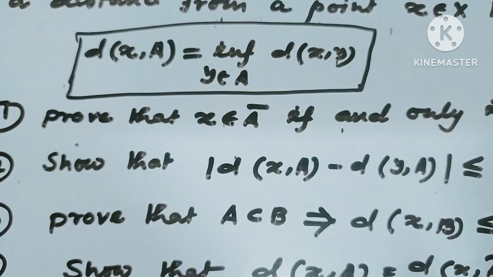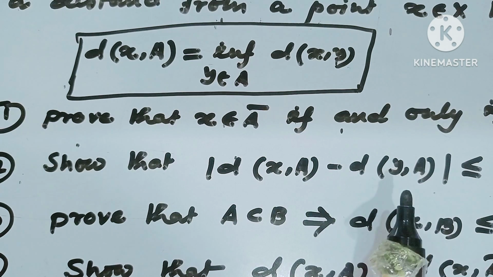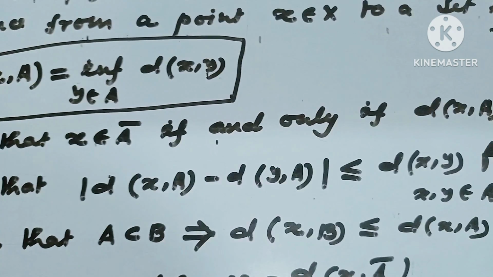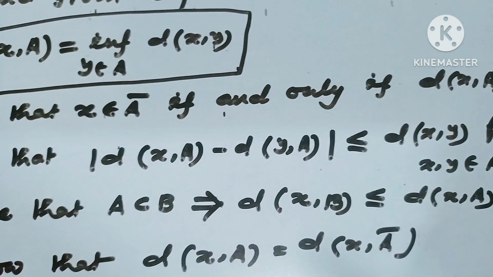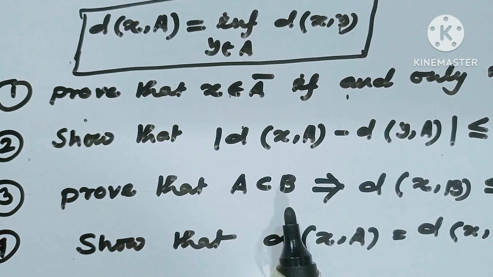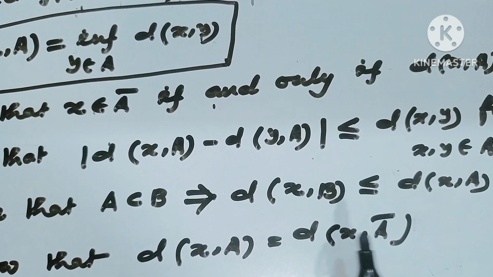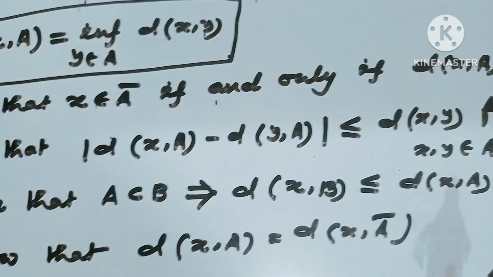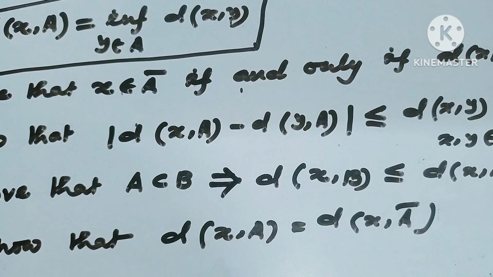Option 2, show that absolute value of d of xA minus d of yA is less than or equal to d of x comma y for all x, y. Option 3, prove that if A contains B, then this is the opposite part, d of xB is less than or equal to d of xA. And option 4, show that d of xA equals d of x A closure.